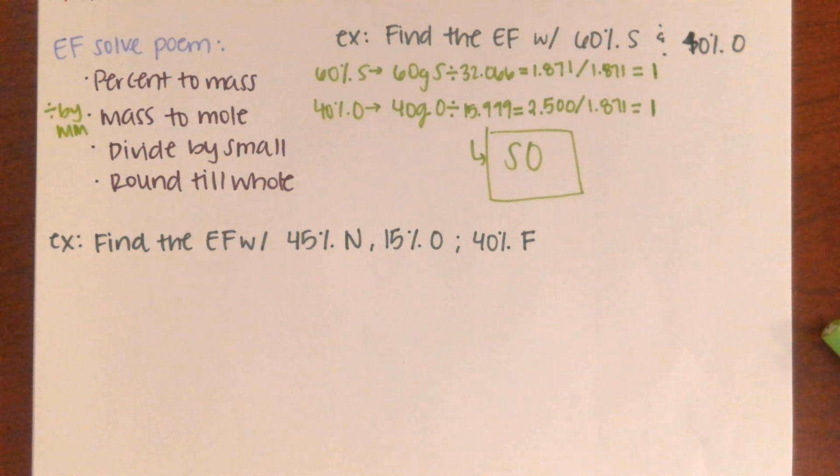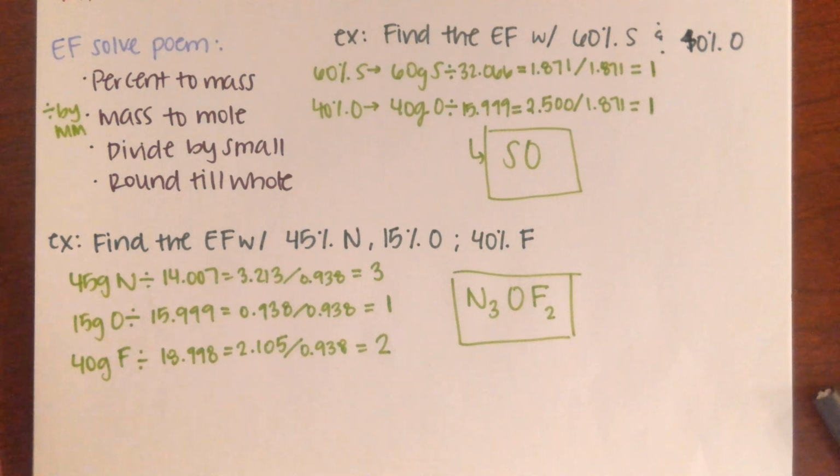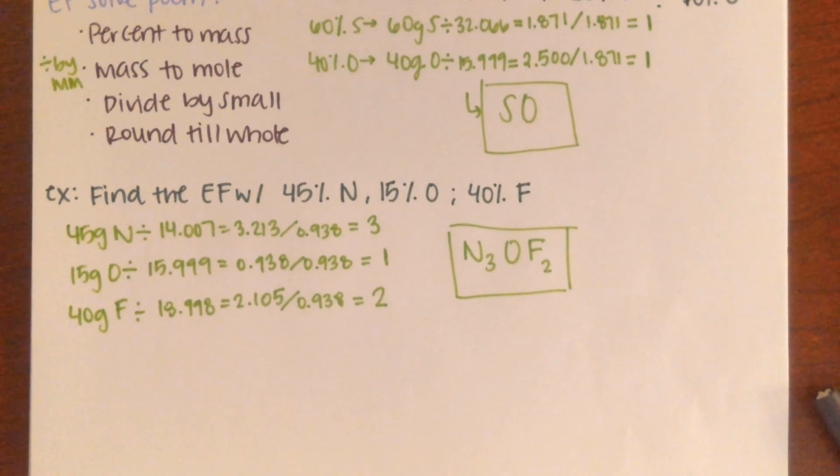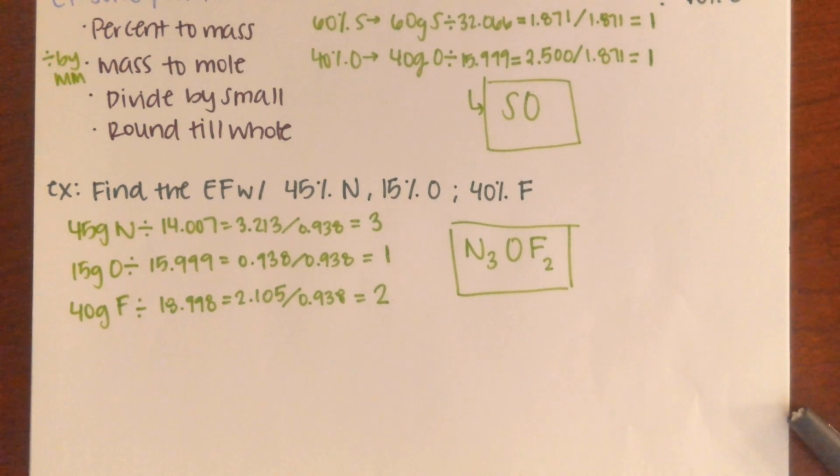So go ahead and find this, pause the video, try it out, and check your work when you're done. Alright, this is what you should have gotten. It looks really weird, but that's pretty much the problem that I came up with. This is the empirical formula with the nitrogen, oxygen, and fluorine. Okay, so that is empirical formula.